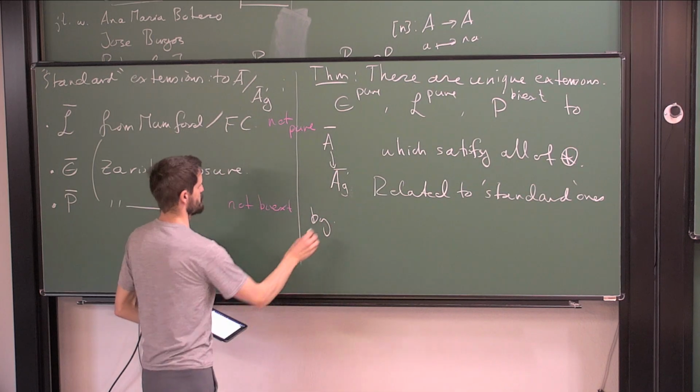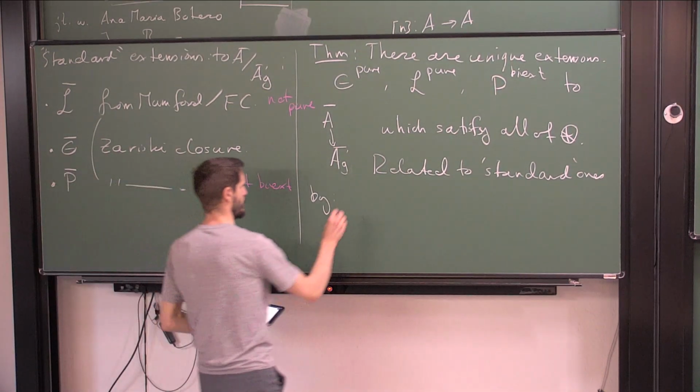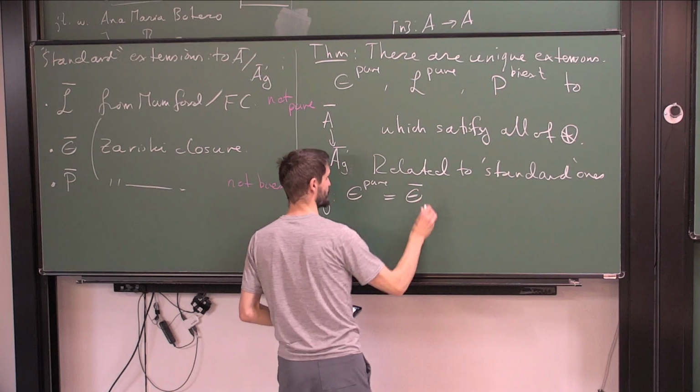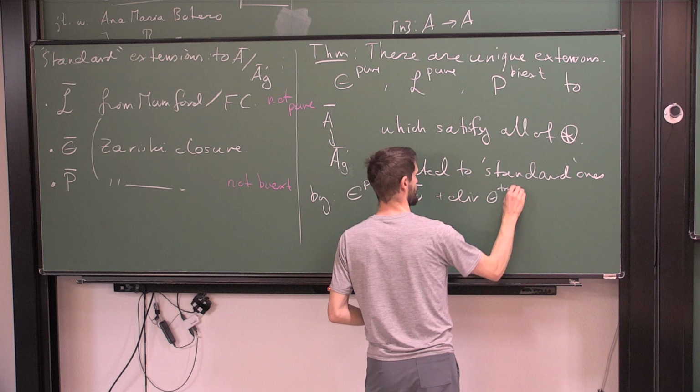So essentially they're related by tropical theta functions. Theta pure is theta bar, the Zariski closure, plus the divisor of some tropical theta function.